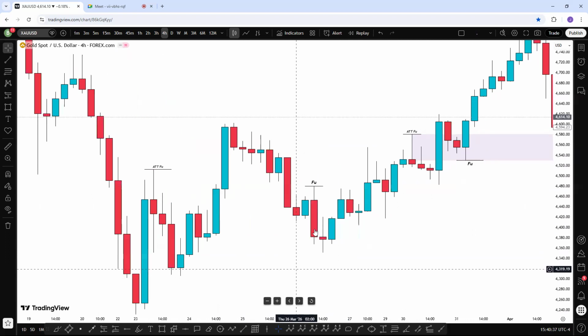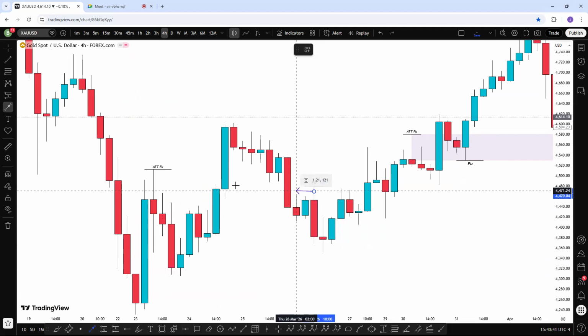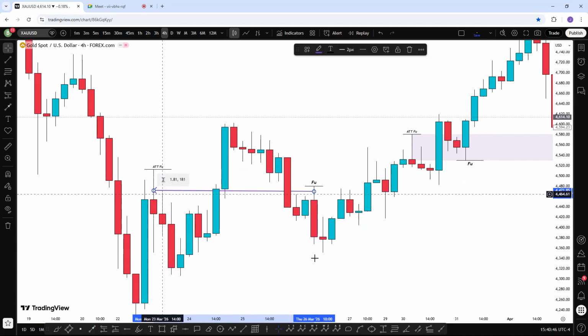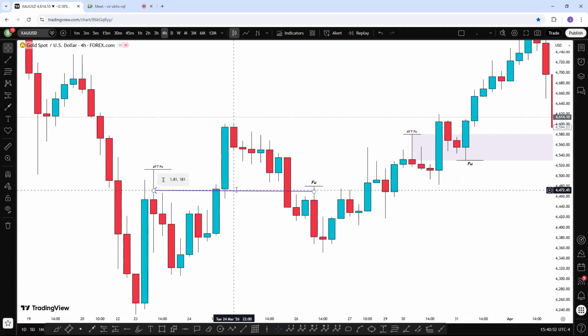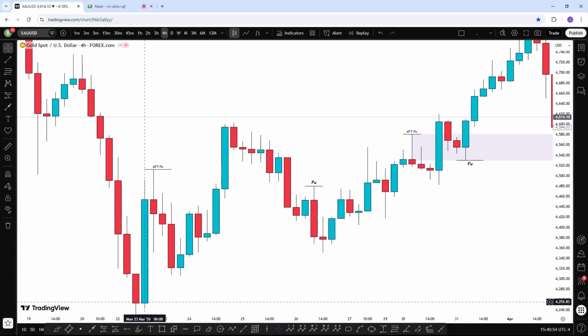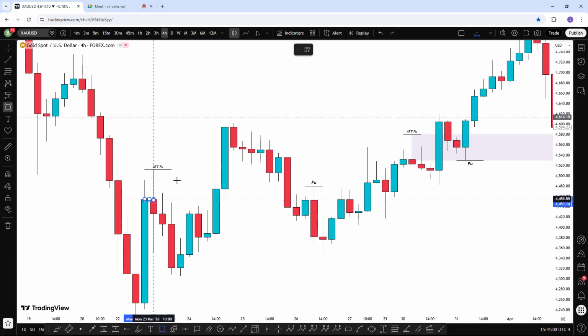As you can see, if you look closely, it's testing this zone again. This is what we call HS, a high confluence setup, high confluence zone. So you can mark the zone like this.